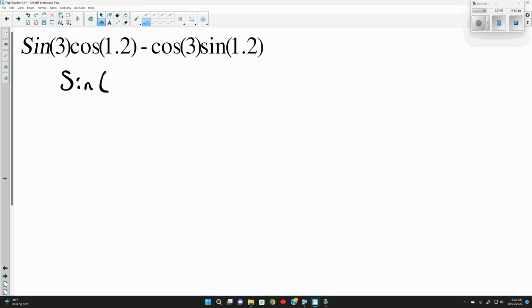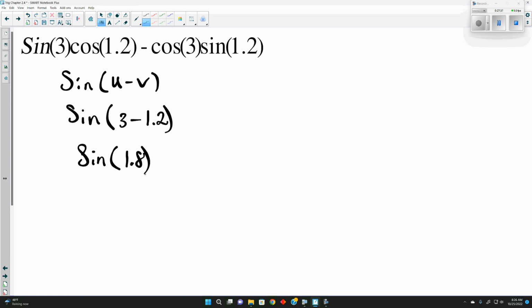So this matches up to which of our formulas? Sine of u minus v, yes? So in our case here, u is going to be what? 3, and v is 1.2? 0.8. Yeah, the 0.8.